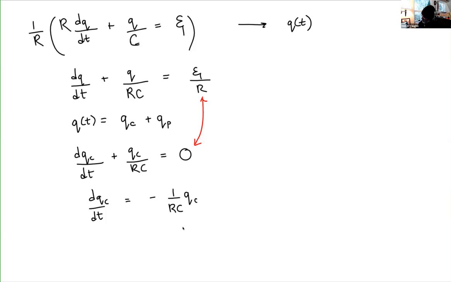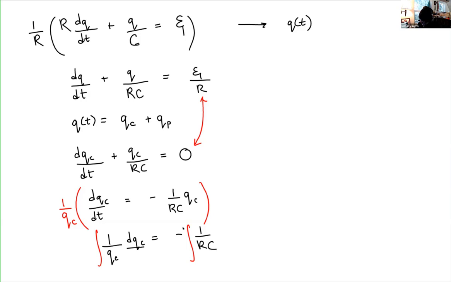Now I am going to divide both sides by the Q for our complementary equation. This then becomes 1 over Q, dQ, is equal to minus 1 over RC, and I forgot my dt on this left side.